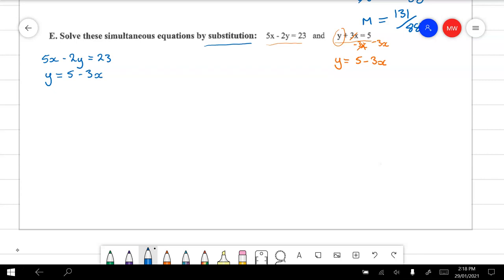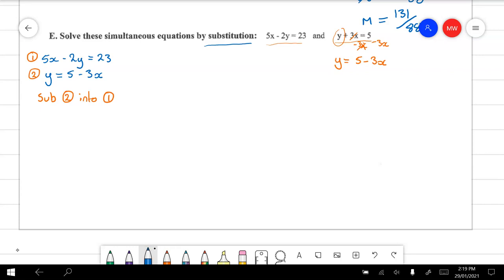And what I do from here is I label them equation 1 and equation 2, so I don't get confused later on. And I write myself a clear note here that says I'm going to sub 2 into 1, and that will become important later, and I'll talk about that then.